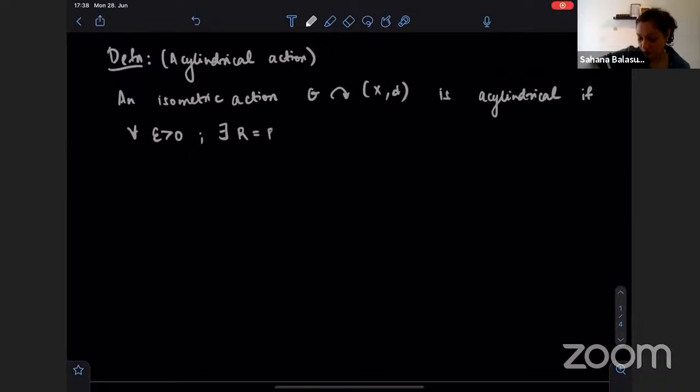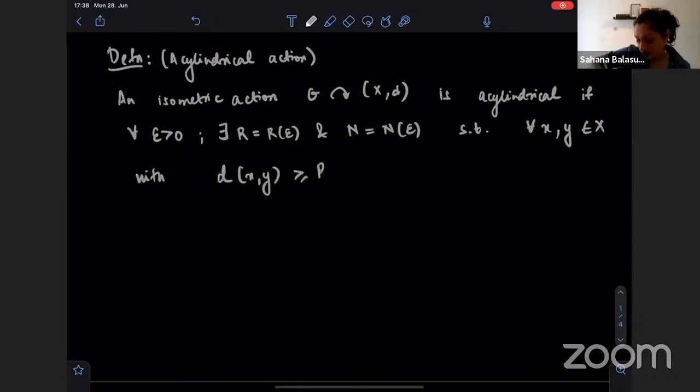One is an R, which depends on epsilon, and the other is a constant n that also only depends on epsilon, such that for every pair of points x and y in X which are sufficiently far apart, where R is the marker of how far apart these points need to be, the following is true.